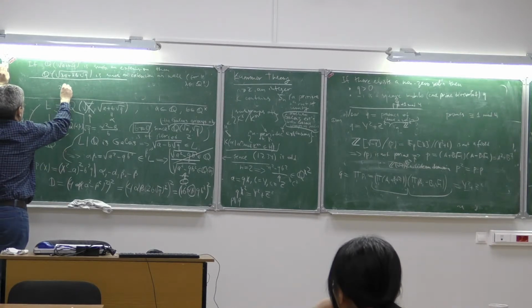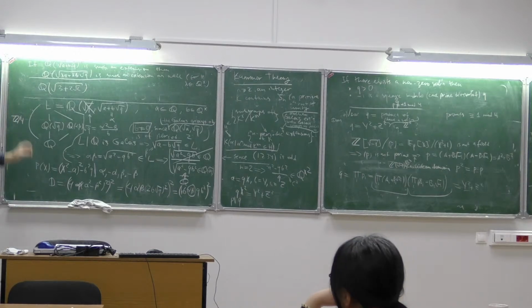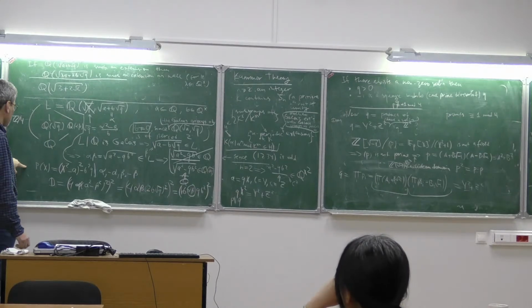So for instance, here, 3 plus 2 square root of 2. Is this of degree 4? Well, we can try to look at this polynomial.